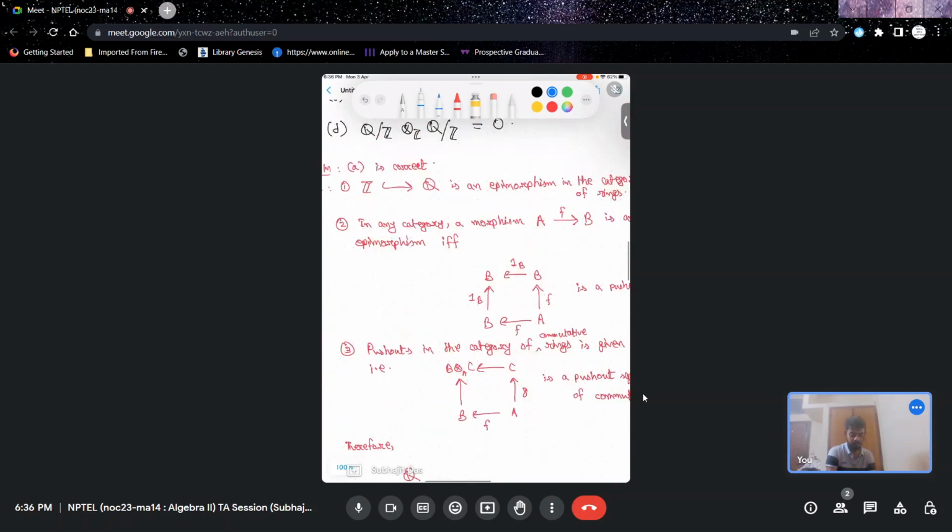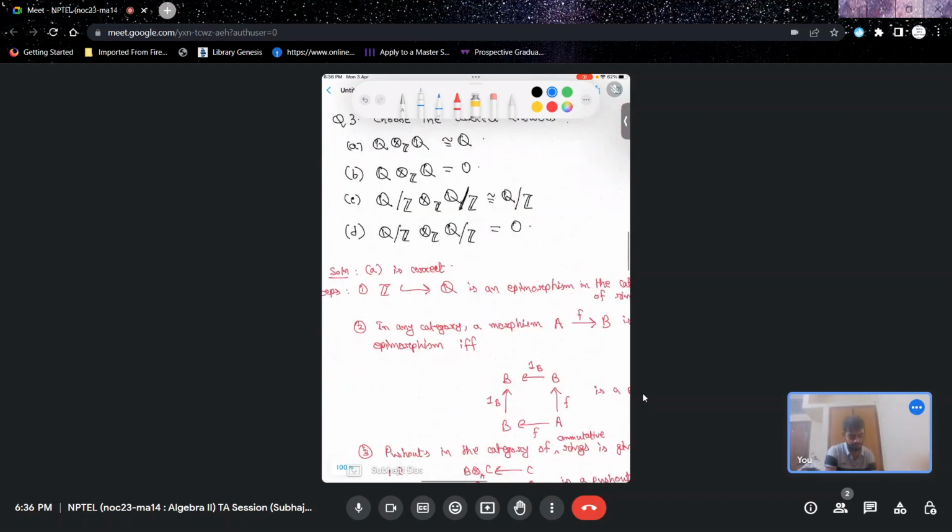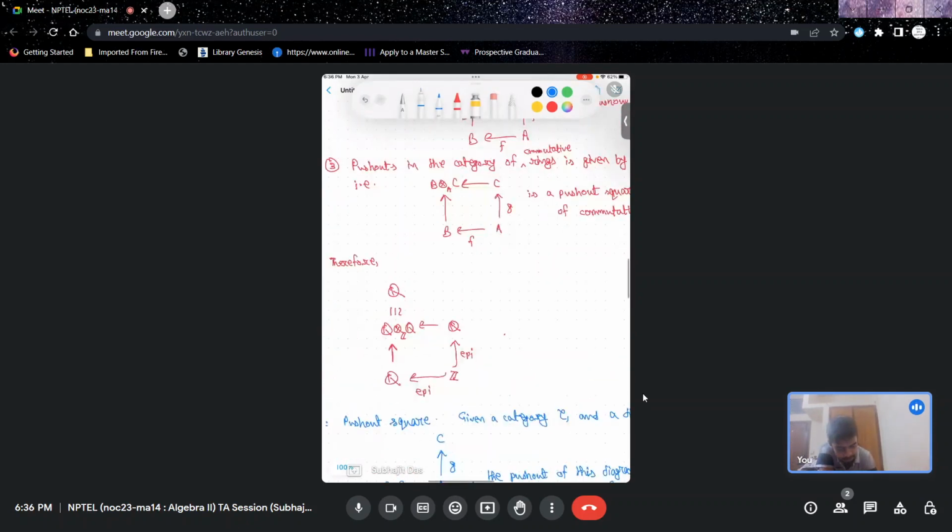So that finishes the proof. This is isomorphic to this as rings, and hence as Z modules. That finishes the proof.